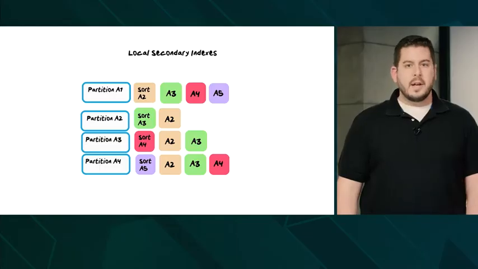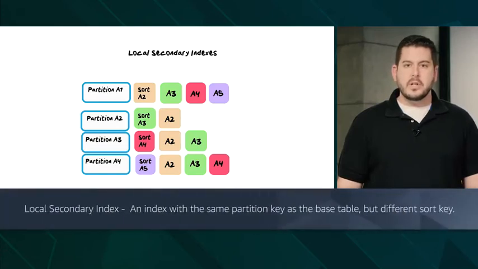A good example of a local secondary index query would be all the songs from a particular decade per artist. So if I have a favorite artist, all the songs from the 80s, all the songs from the 90s. That would be an example of a query for a local secondary index.